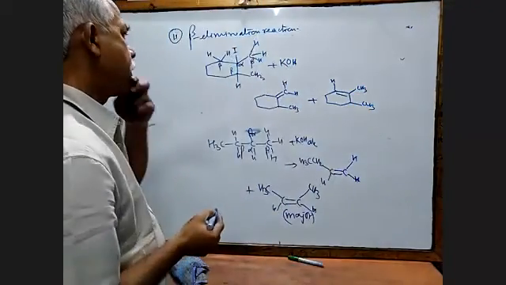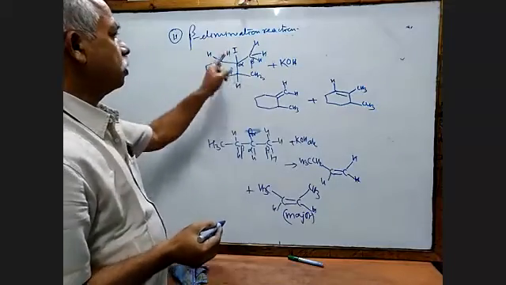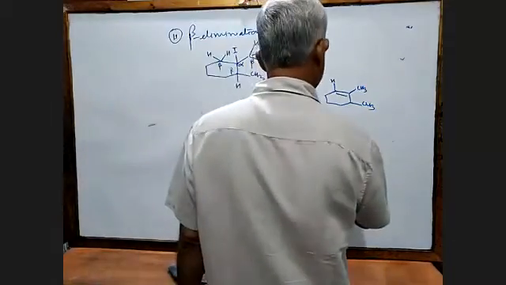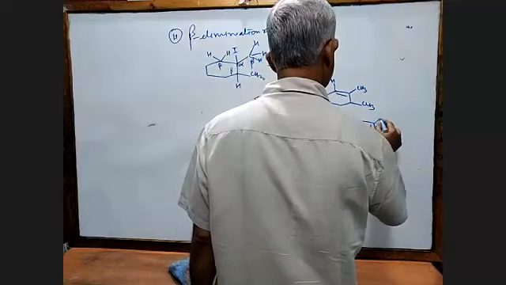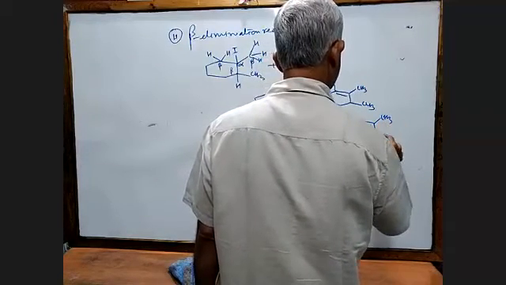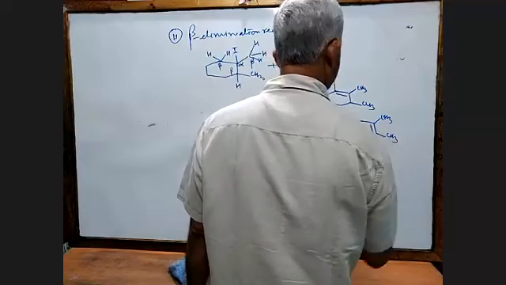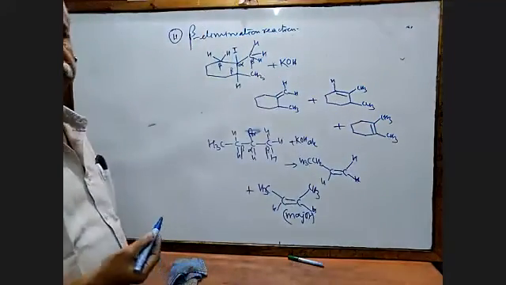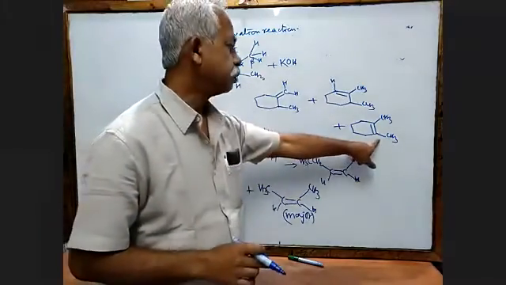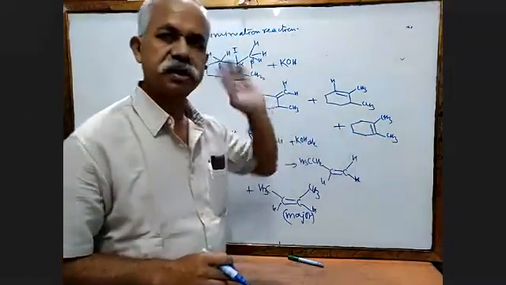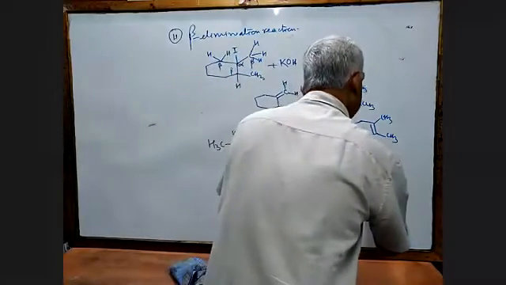And this and this can go. Yes. So we are going to get 3. Which is more substituted? This is more substituted because these 2 carbons do not have any hydrogen. So this is the major.